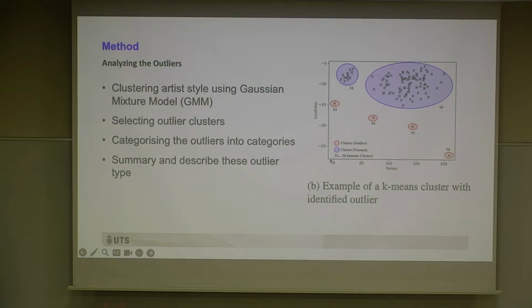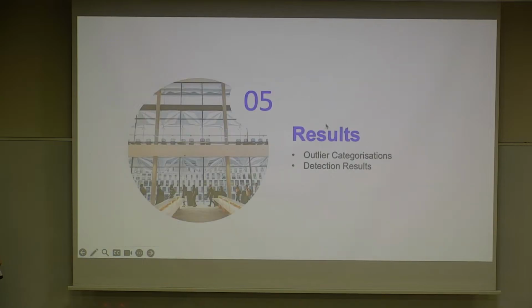As shown in the picture on the left, the region in the blue area shows the two main dominant styles of this artist, and the region in the red area shows the outlier songs from this artist. So this is an example of one artist. Let's move on to the results.